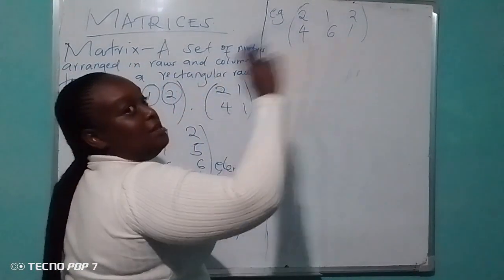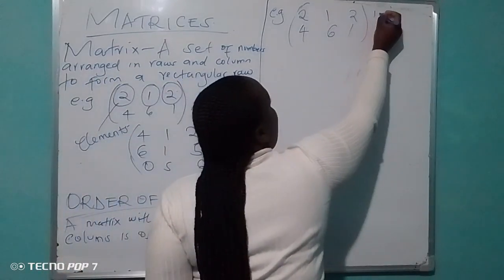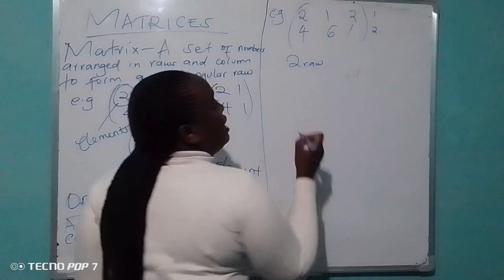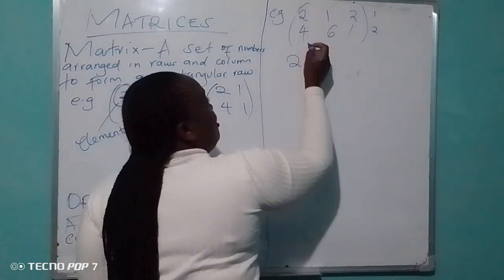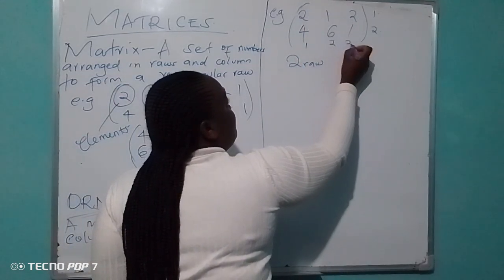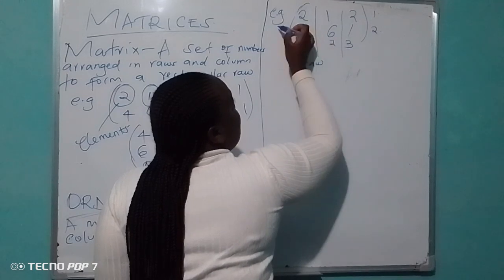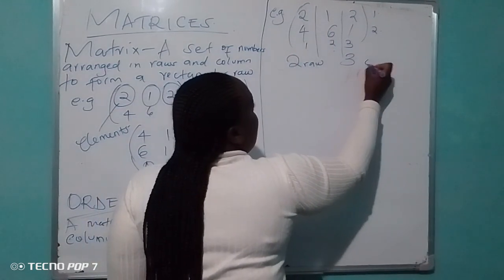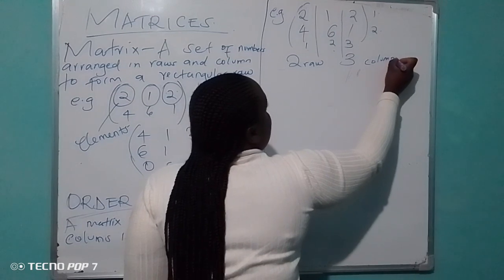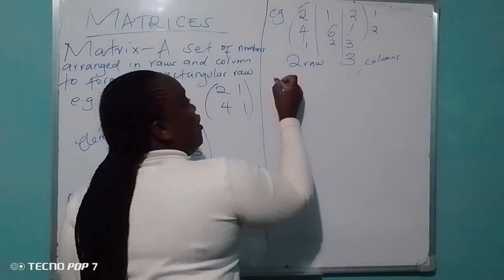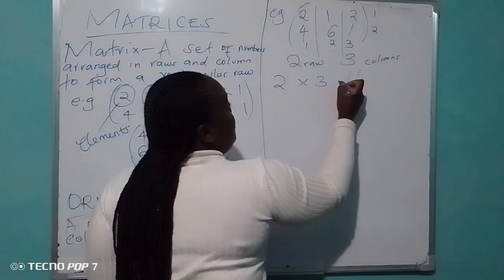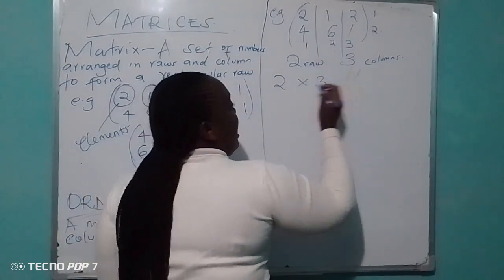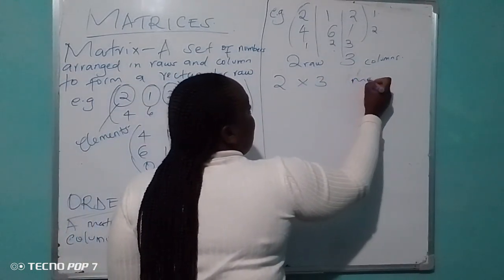Rows are these ones going this way. And how many columns? 1, 2, 3. Columns are these ones and rows are these. So it has 3 columns. So it is called a 2 by 3 matrix. It is of order 2 by 3.